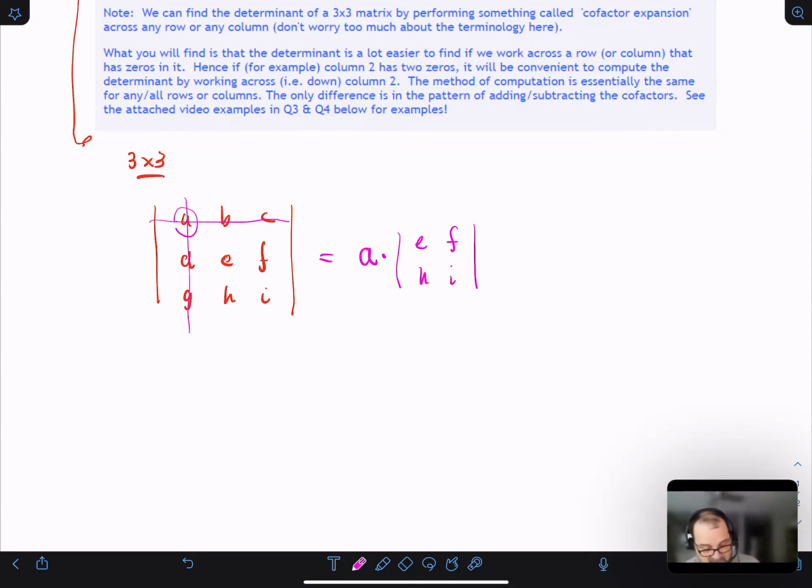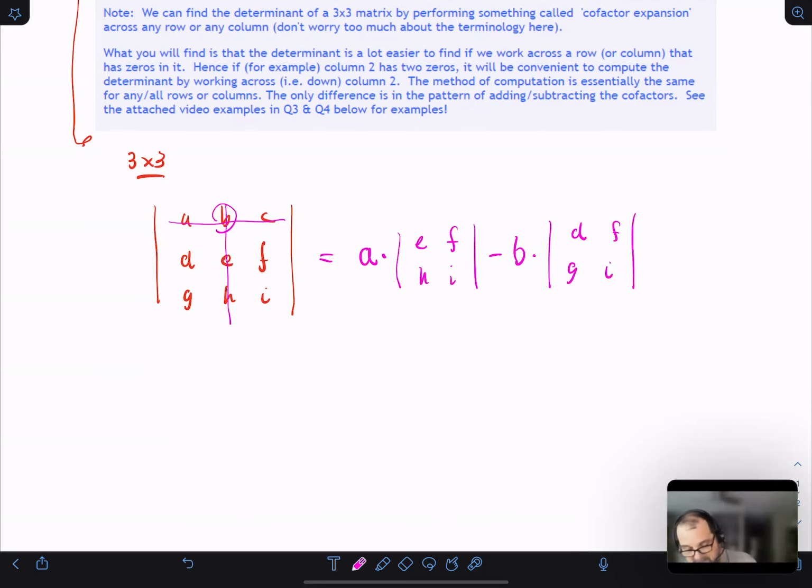Once you have done that, we then move over to the next element in that row, and we cross out that row and column, and we then have the B. Now it always alternates sign, so this would be minus B, and then we would do, again, the 2x2 determinant of what remains, which would be D, F, G, I. And then again, we would need to move over to one more.